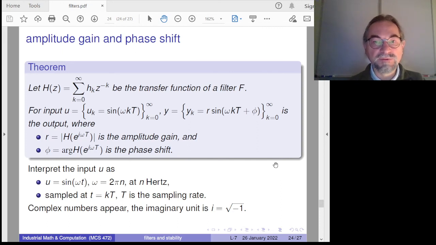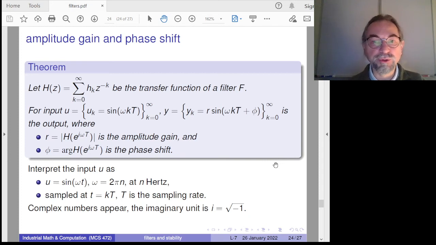If the filter is linear, time invariant, causal, then the output is also a sine function. And that's at first kind of surprising. It's a sine function, but it has a different amplitude. So there is a gain in the amplitude, and there is a phase shift.